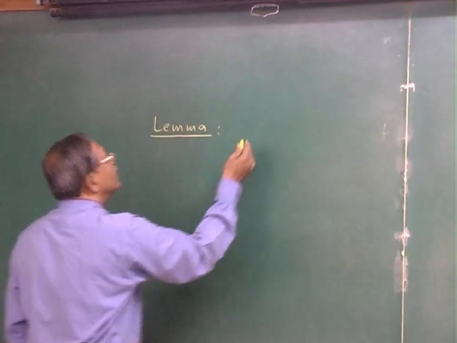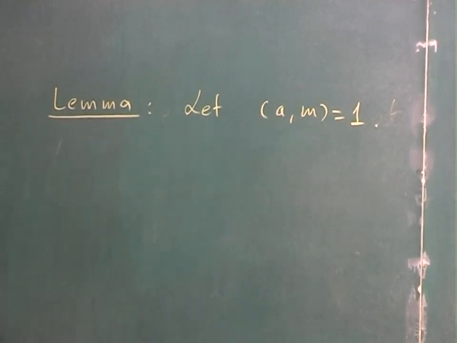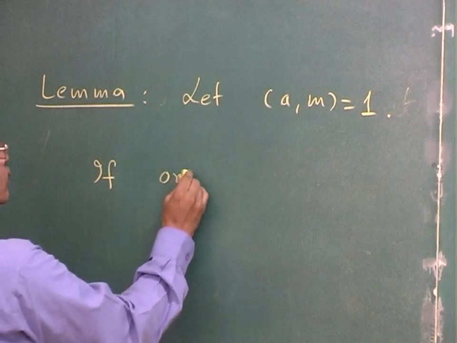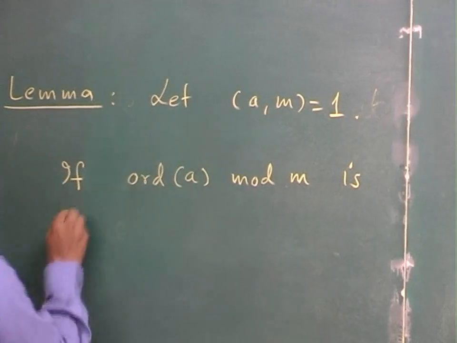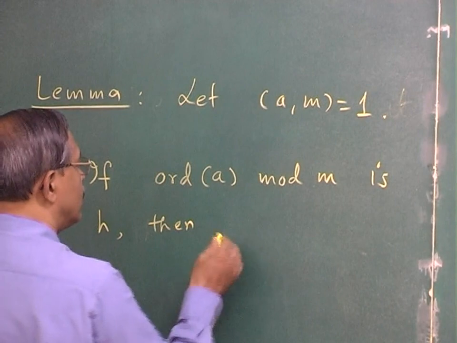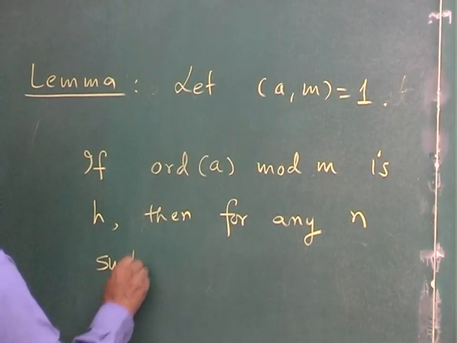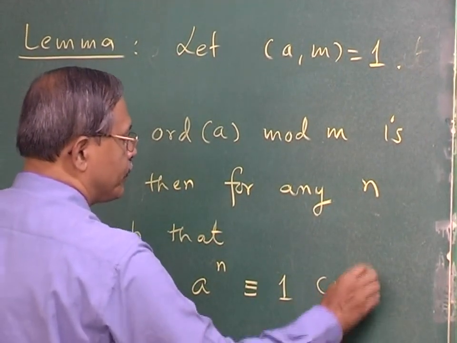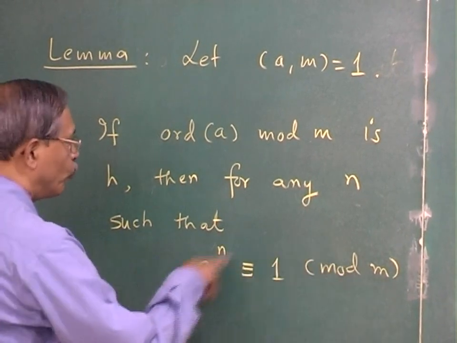Lemma: let GCD of A and m equal 1. If the order of A mod m is h, then for any n such that A raised to n is congruent to 1 mod m, suppose n is a positive integer, we must have that h divides n.